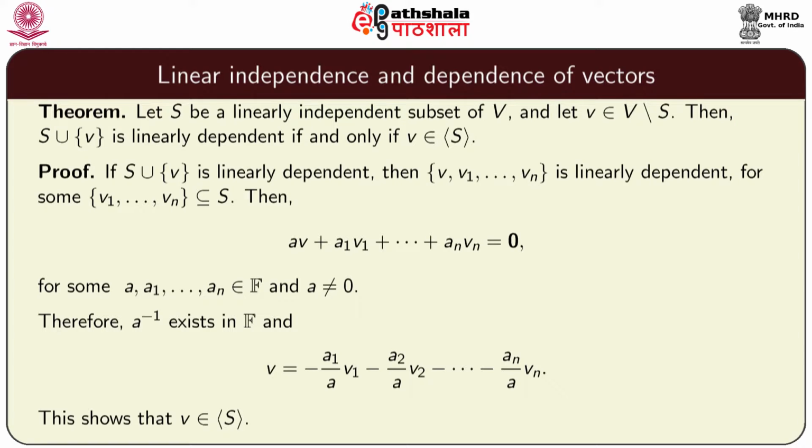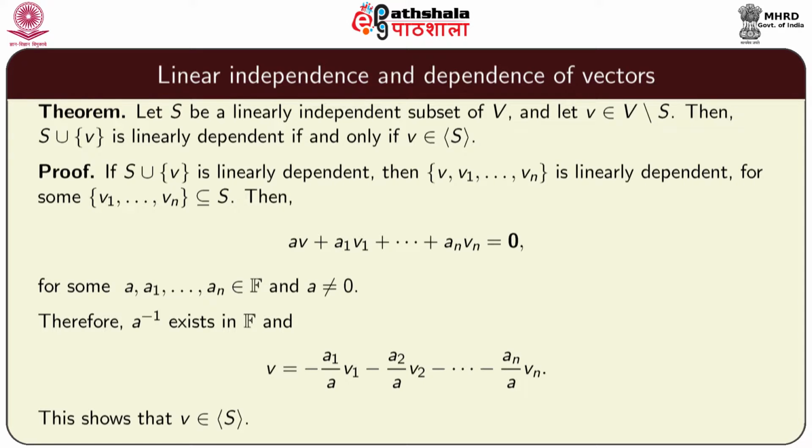Therefore, it would force all the a1, a2 etc. up to an to be 0, and then a1, a2 etc. up to an all being 0 does not show linear dependence of the set v, v1 etc. up to vn. Therefore, the scalar a must be non-zero.